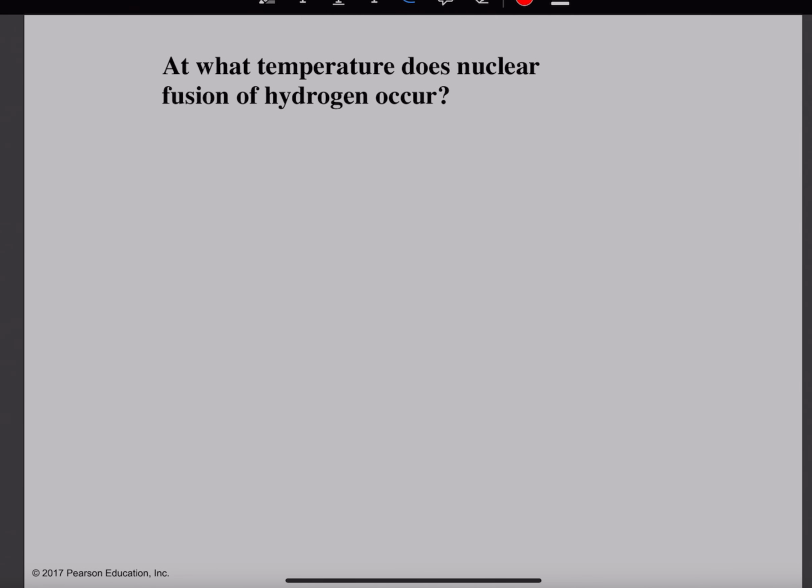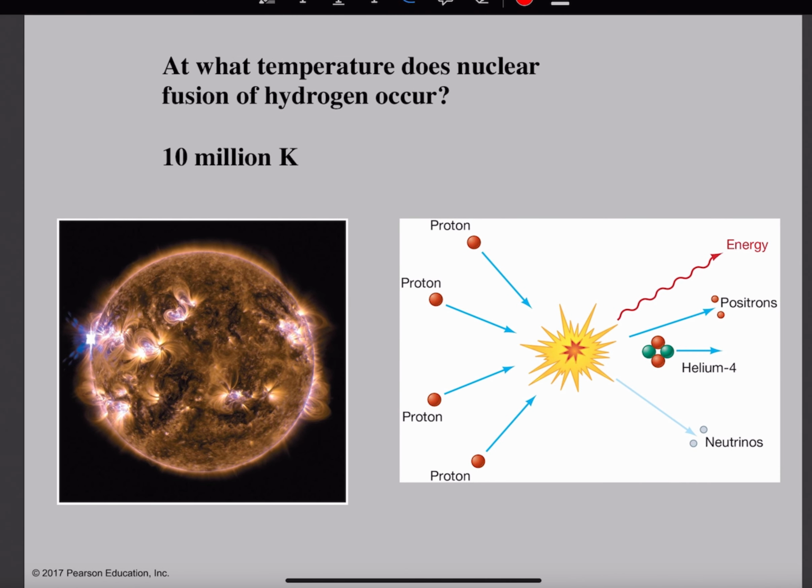Okay, next one. At what temperature does nuclear fusion of hydrogen occur? So hydrogen fusion occurs at 10 million kelvins.